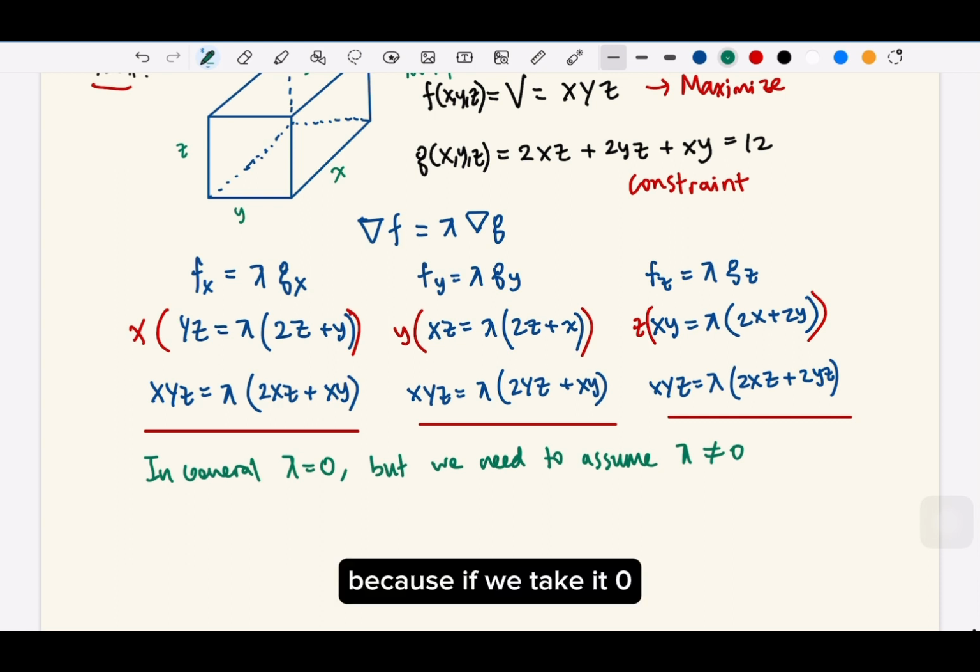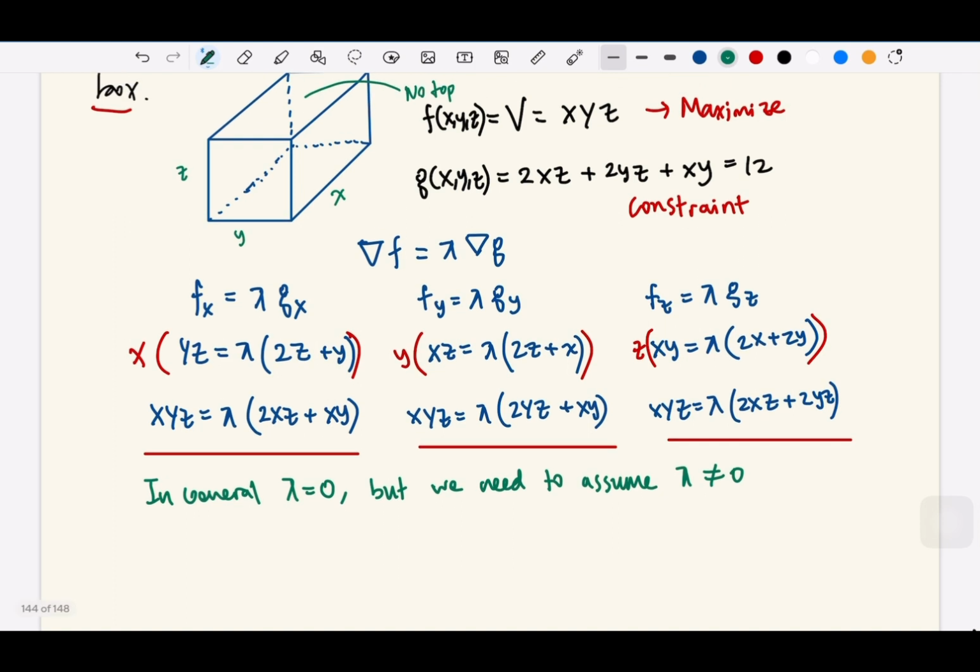Because if we take it to be 0, then all the terms yz, xz, and xy will be 0, and that would be false because we have this constraint. So we need to assume lambda is not 0.